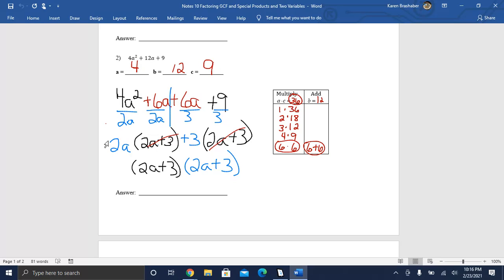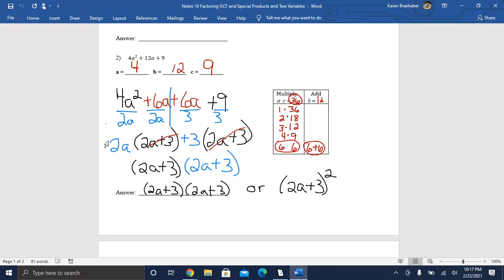So we can write it as 2a plus 3 times 2a plus 3. You do have to have both of them. Or you could write it as 2a plus 3 to the squared power.